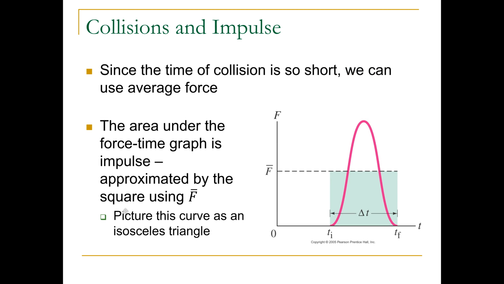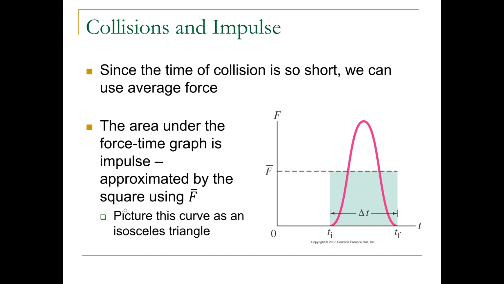For most collisions, the time of collision is very short. And so we're going to do some estimation to make this calculation simpler. So force times time, if we're looking at a force versus time graph, that means we can use the area under the curve to find that product. But again, since we have this kind of weird curved shape, we're going to estimate it.